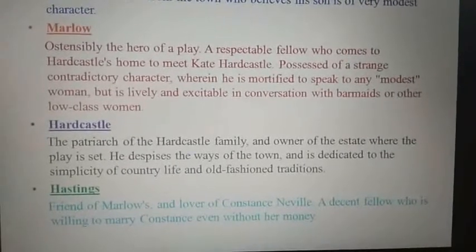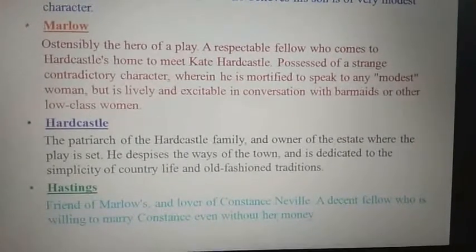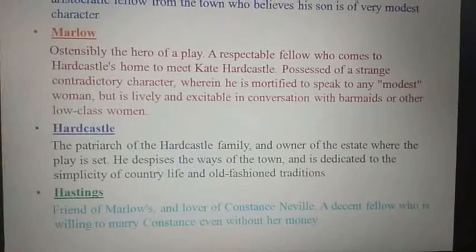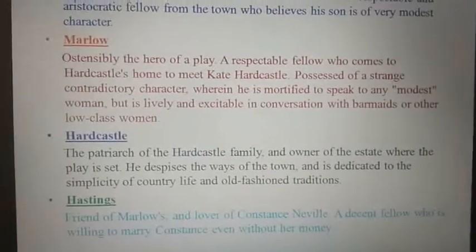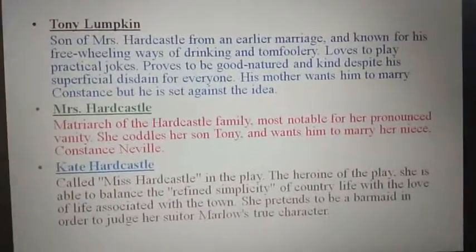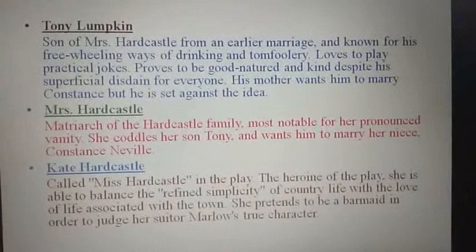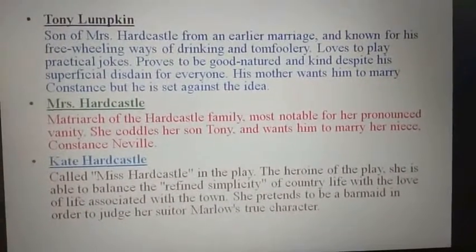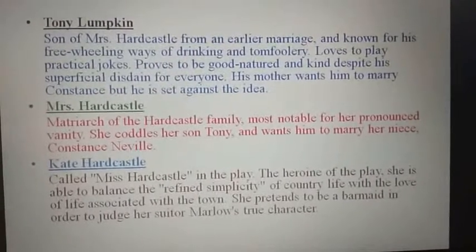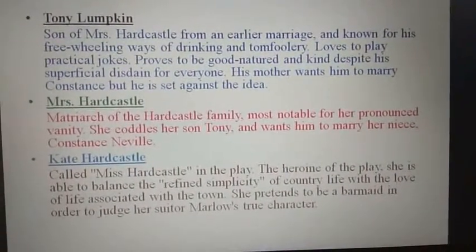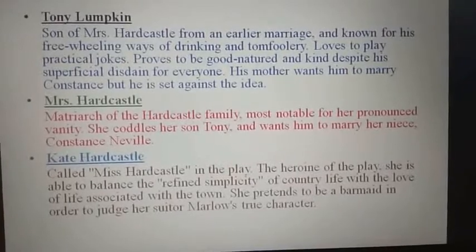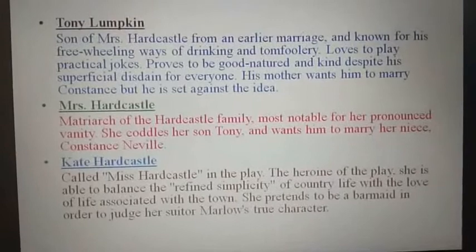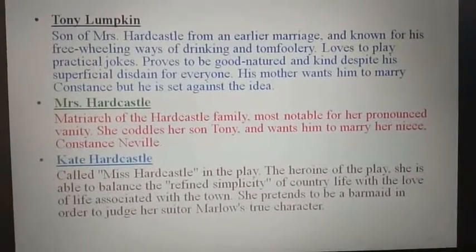Mr. Hastings loves Constance Neville and he wants to elope with her to France. And the next character is Tony Lumpkin. Tony Lumpkin is the son of Mrs. Hardcastle from an earlier marriage and known for his freewheeling ways of drinking and tomfoolery. He is an uneducated fellow. He always spends money.